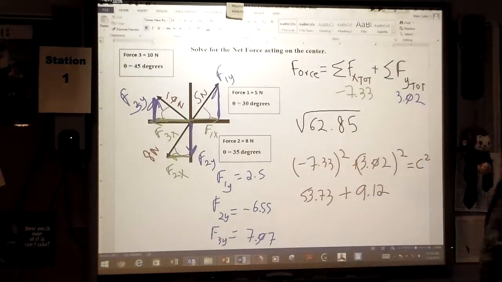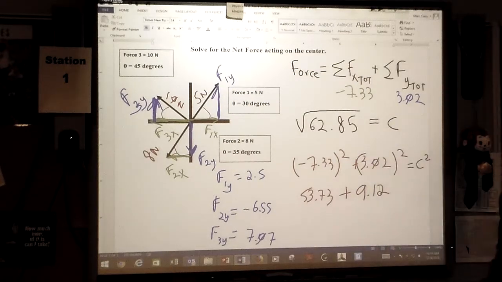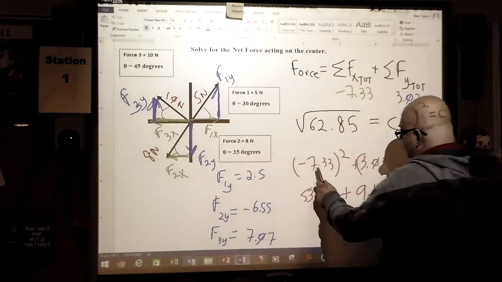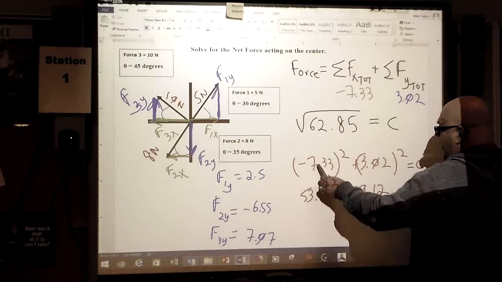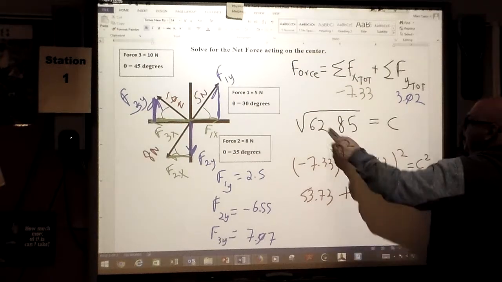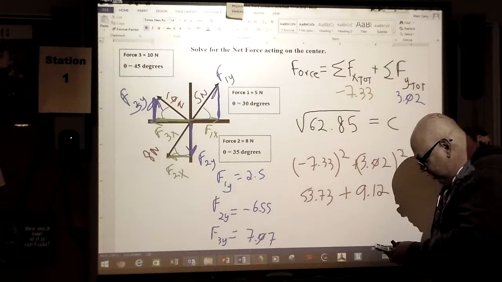We're just going to make it easier that way, and that's going to equal our C. That's going to equal our answer. Because these were squared, according to the Pythagorean theorem, I squared them and I added them up, and I got 62.85. I'm now going to square root it.